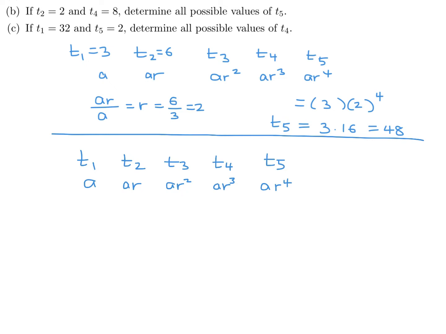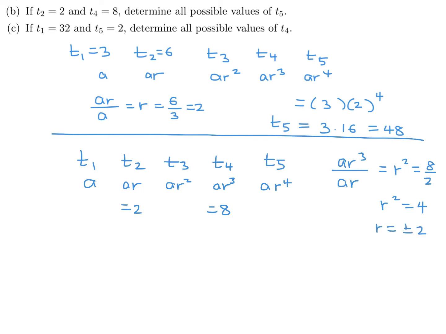And they tell me that T2 is 2, so this is 2, and T4 is 8, so this is 8. Okay, so very similar to before. AR to the power of 3 divided by AR is basically R squared, and in terms of numbers, it's 8 over 2. So that means R squared is 4. So R is equal to plus or minus 2.